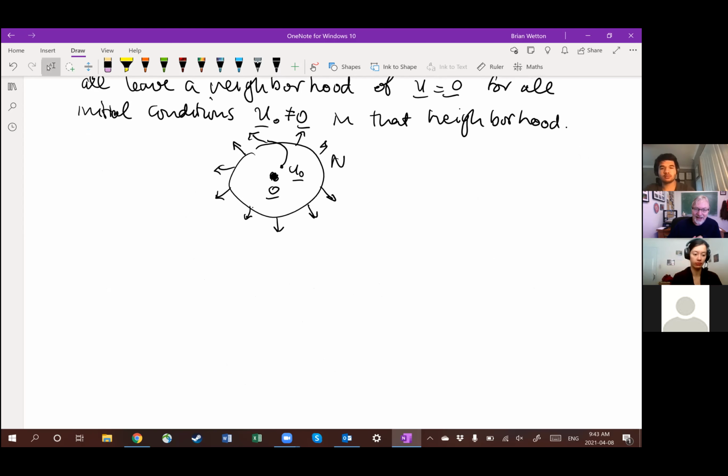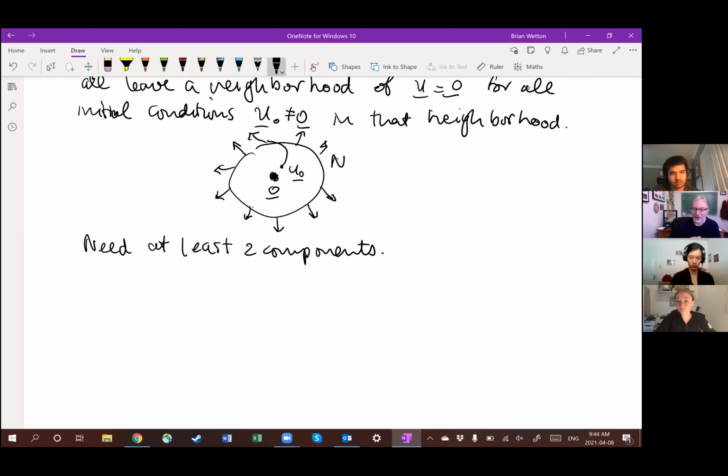So again, you need at least two components. You can look and see that if it's a one component thing, you can't get this instability. So you have to have at least two components, and you can find examples in reaction diffusion equations.